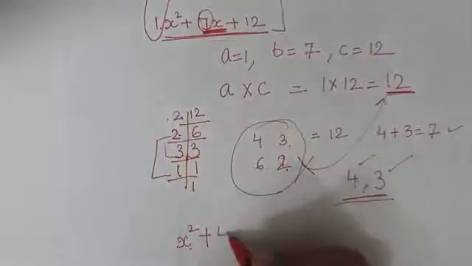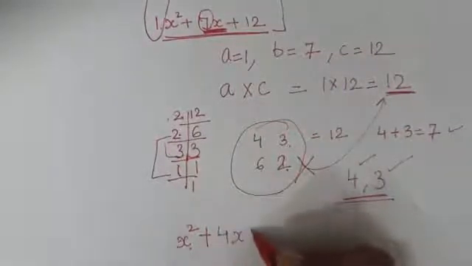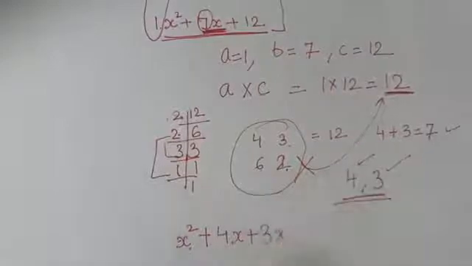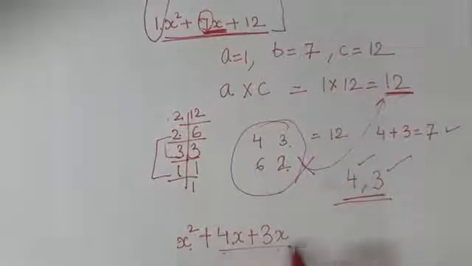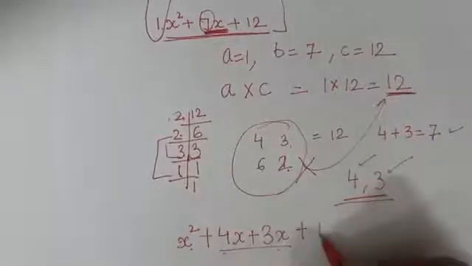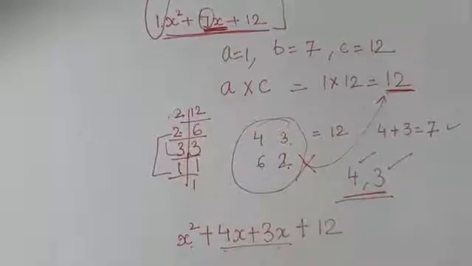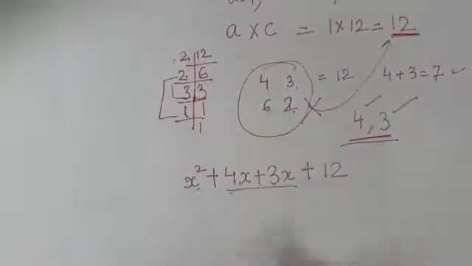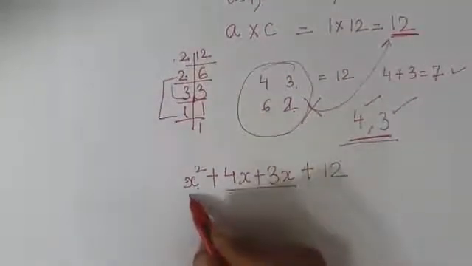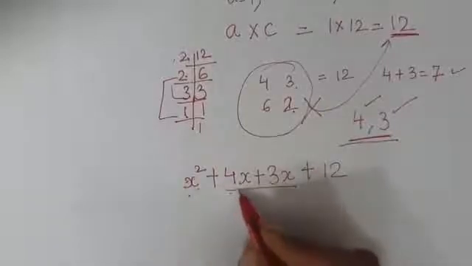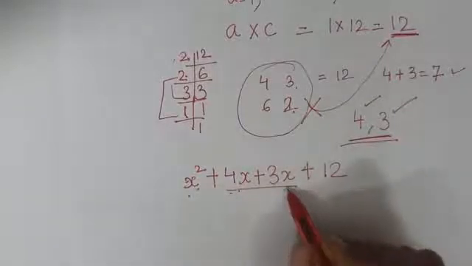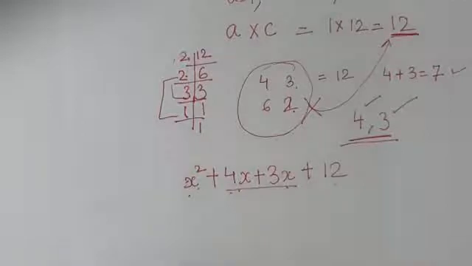So can I write 4x plus 3x? You can check. 4x plus 3x gives you 7x plus 12. So now we get x square plus 4x plus 3x plus 12.